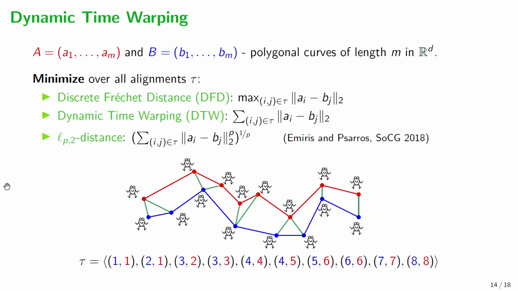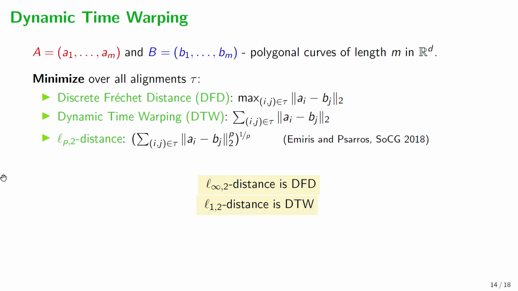More generally, Driemel and Psarros defined the L_p distance for curves, which is the L_p norm of the vector of pairwise distances in the alignment. Notice that when p is infinity, we get the discrete Fréchet distance, and for p equals 1, we get dynamic time warping.